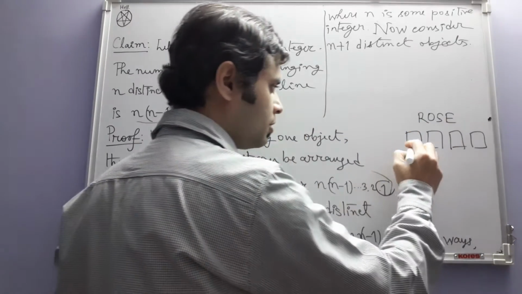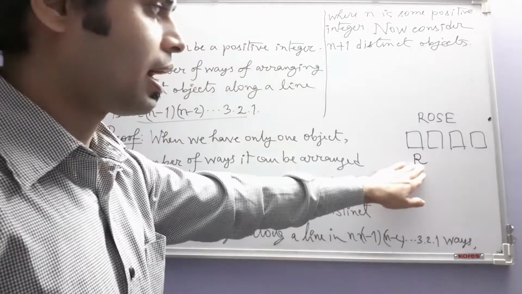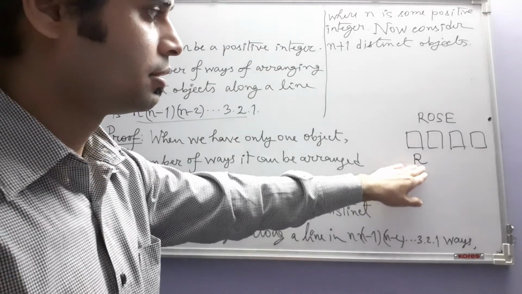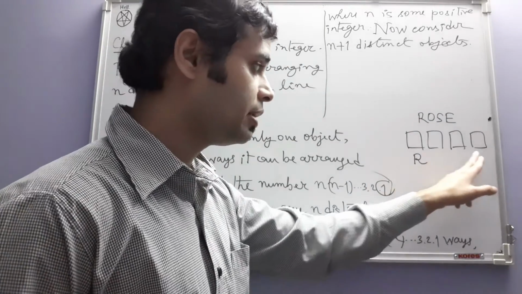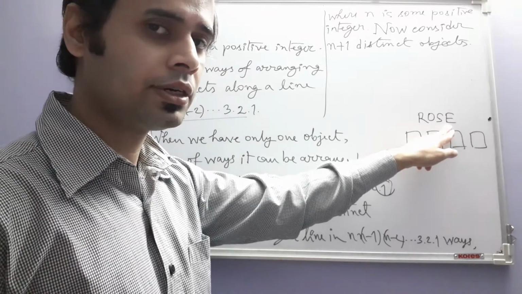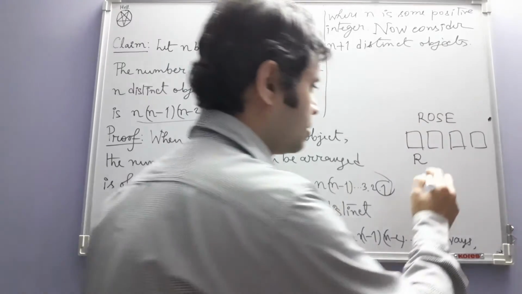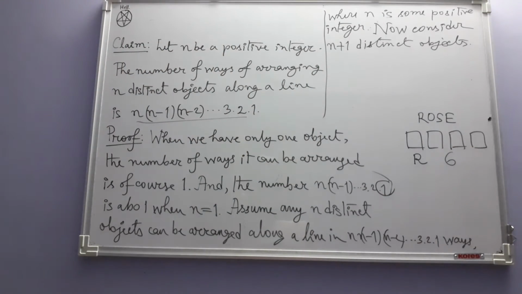You saw that when I wrote R in the first place, then the remaining 3 places can be assigned these remaining 3 letters in how many ways? 6 ways.